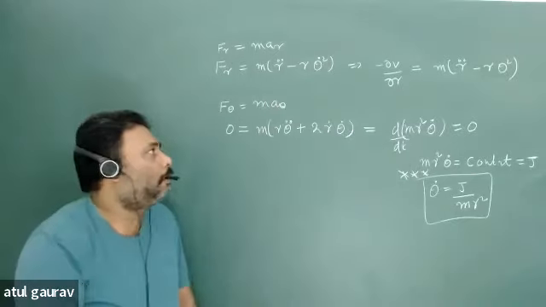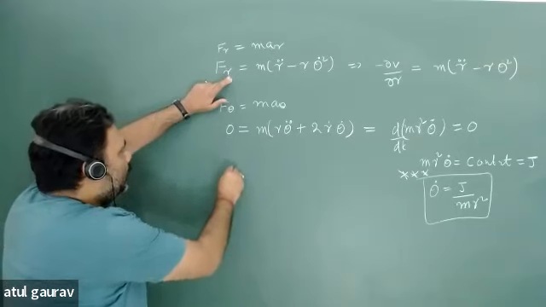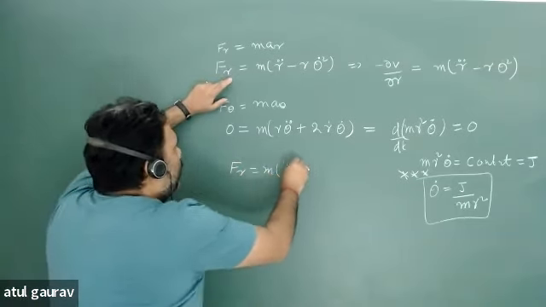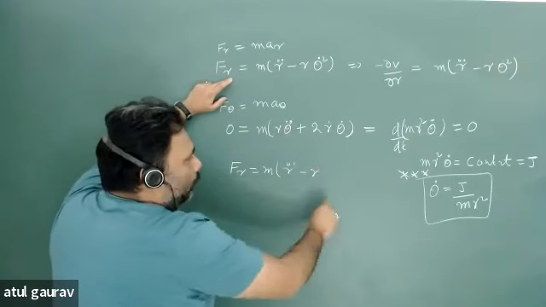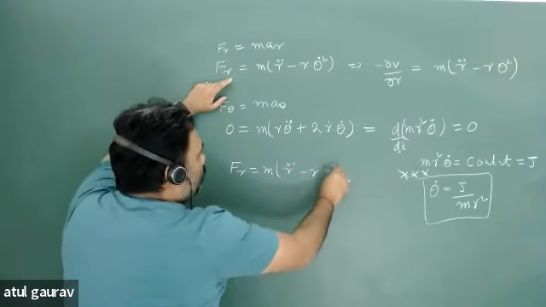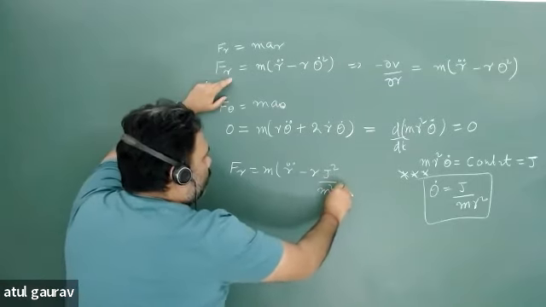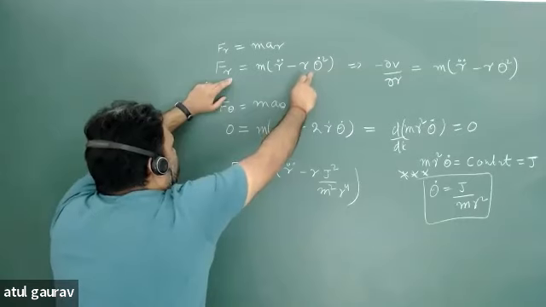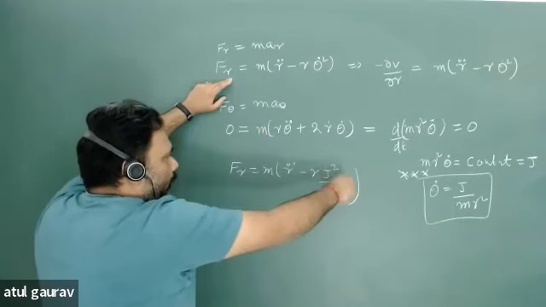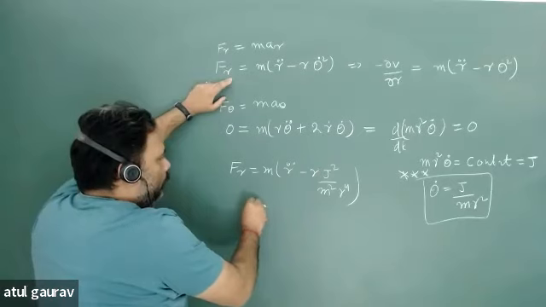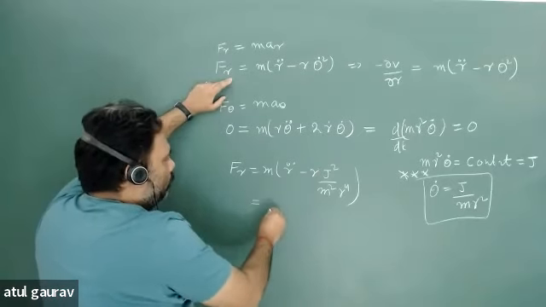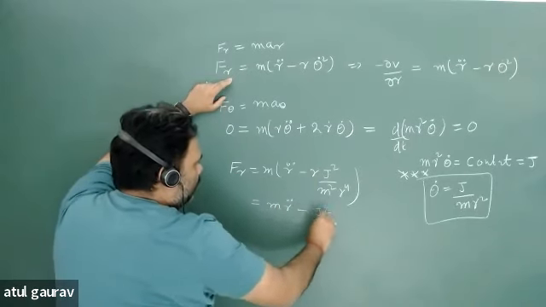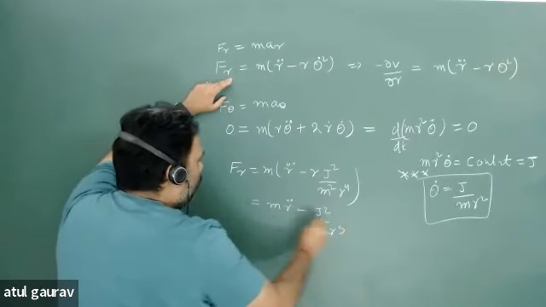Then what can we do? We can write this equation as Fr is equal to m r double dot minus r times theta dot square, where theta dot square is equal to j square upon m square r to the power 4. And this is nothing but the centripetal force, and this centripetal force can be written in the form of angular momentum, isn't it? So Fr can be written as m r double dot minus j square upon m r cube.